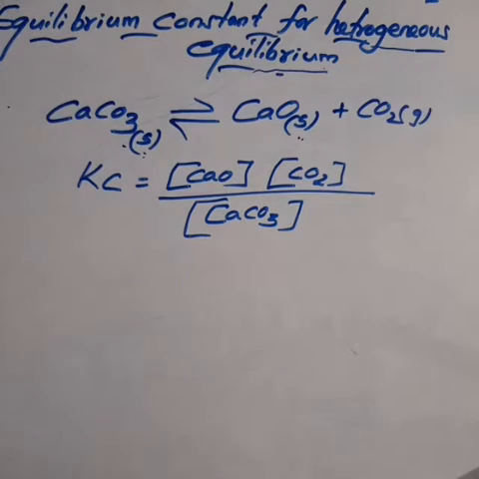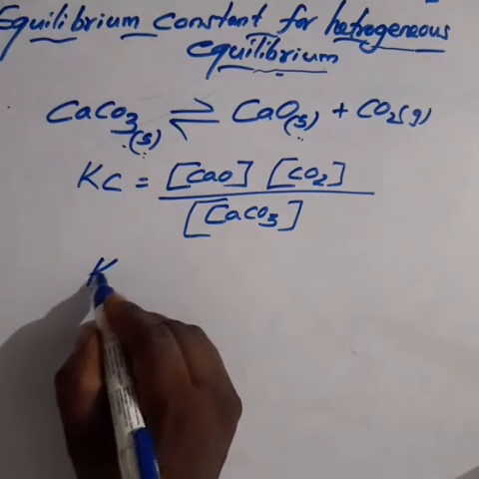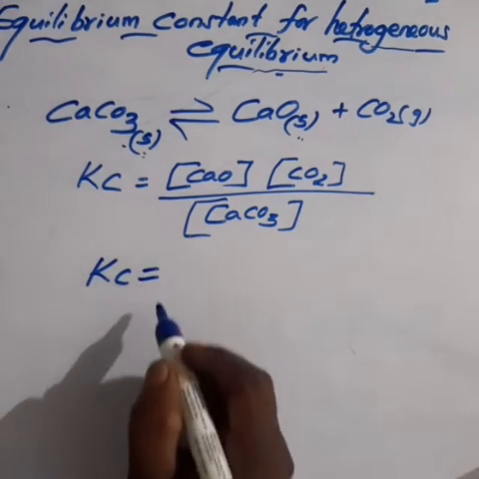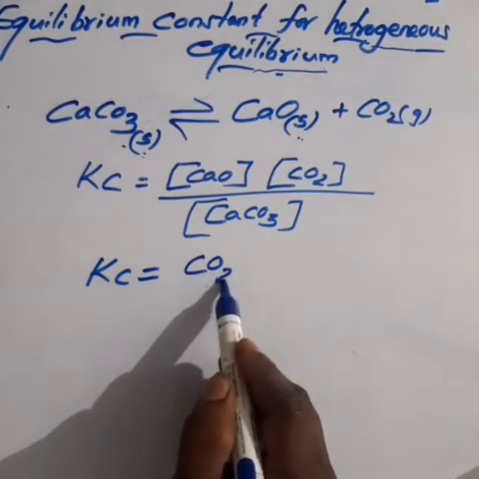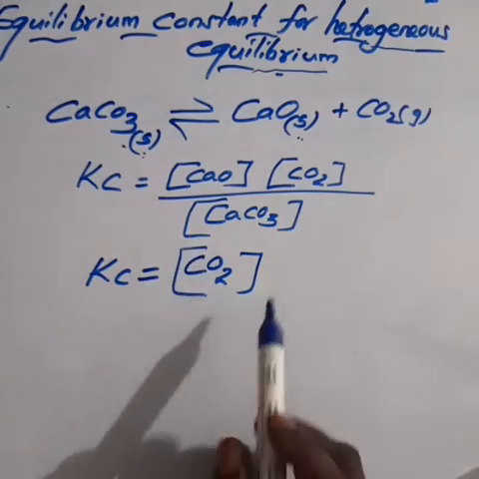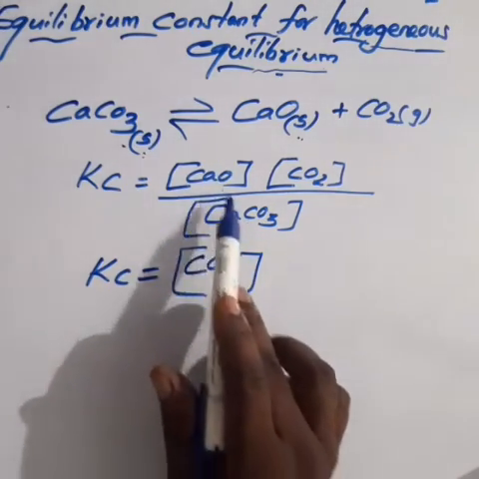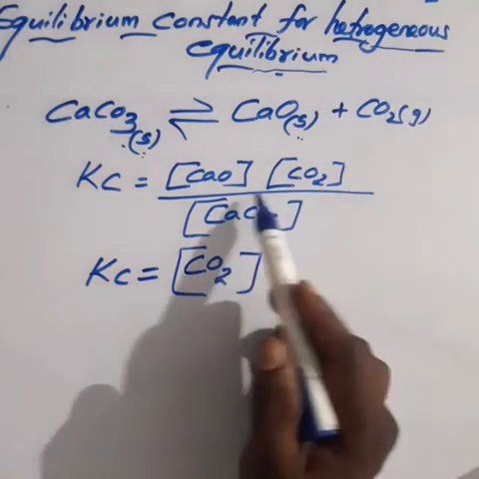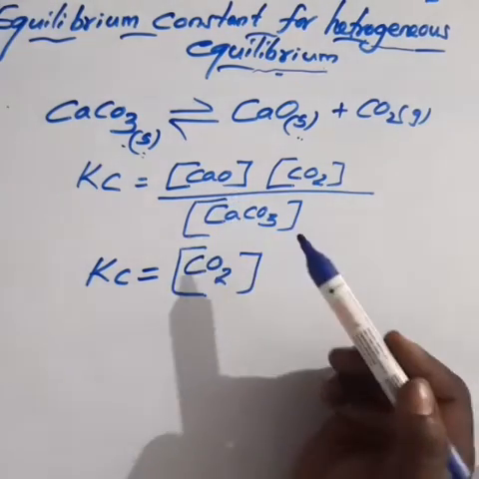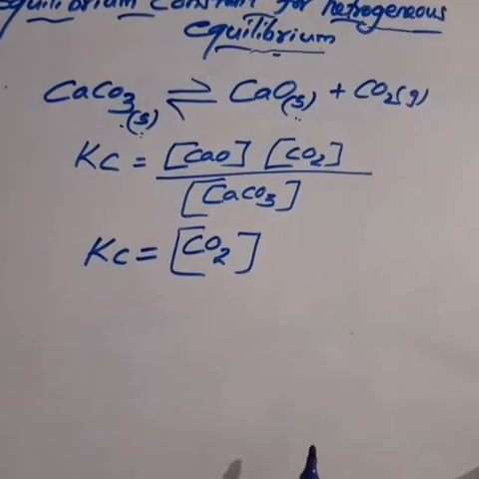So how can we write the equation? Kc, the equilibrium constant, is equal to the active mass of carbon dioxide. Am I right? Because calcium oxide and calcium carbonate are in solid state.